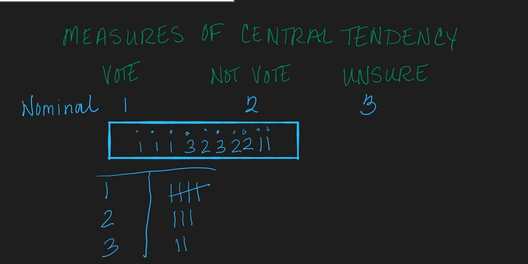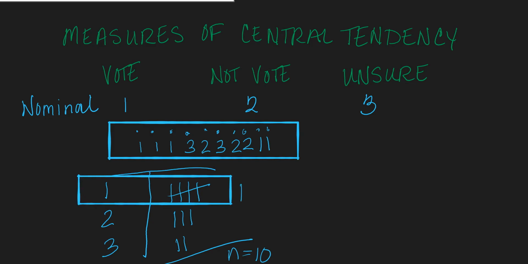Let's double check and make sure that this is my total sample. 5, 6, 7, 8, 9, 10. Awesome. And it looks like the mode, the value that occurs most frequently among these 10 people, is 1, and that is a vote.